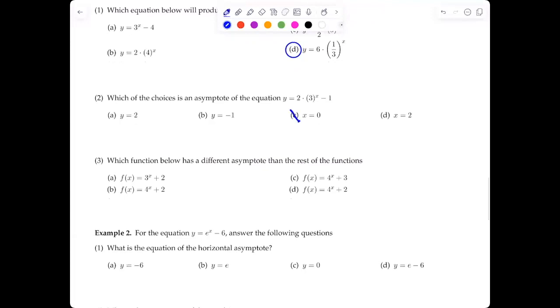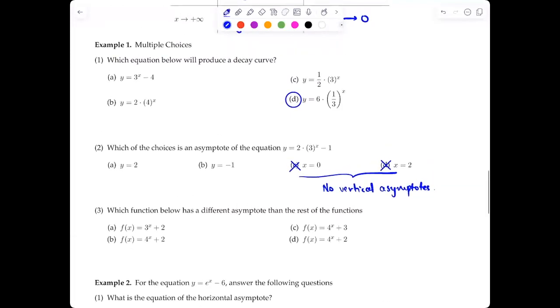Now that means you need to consider the horizontal asymptote.